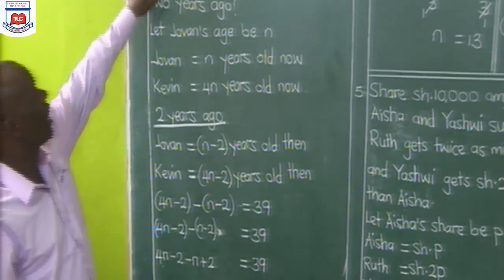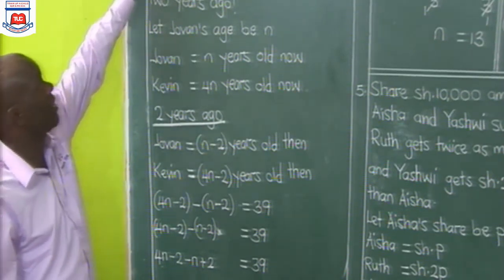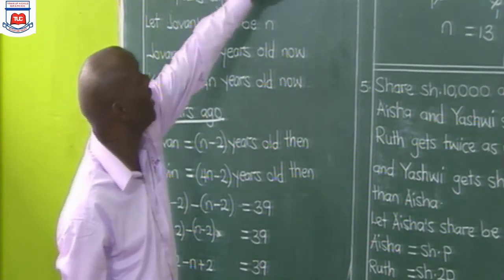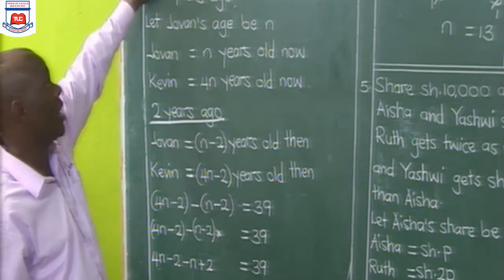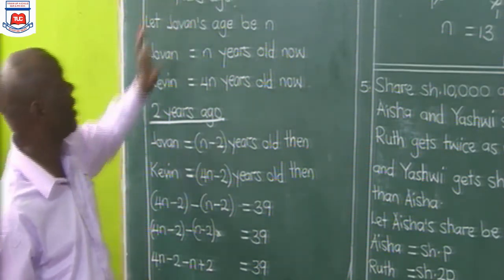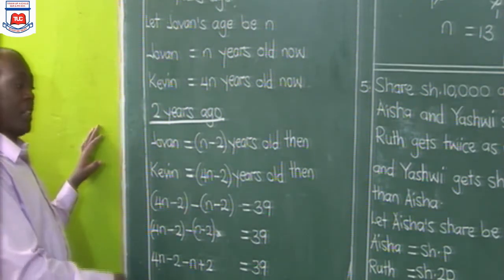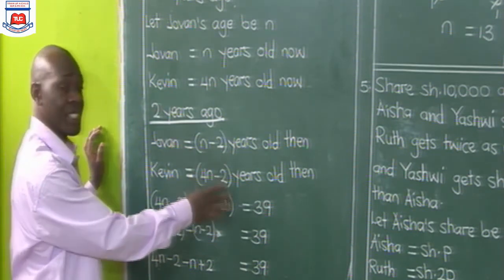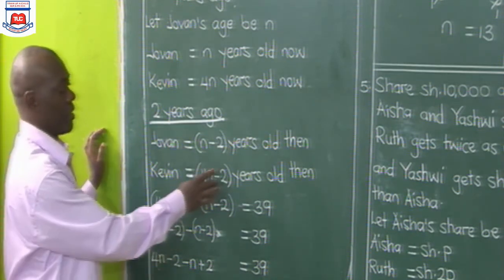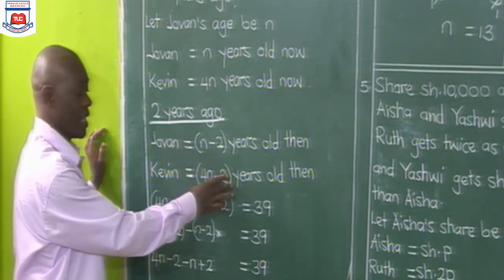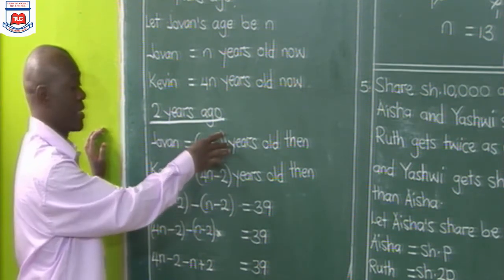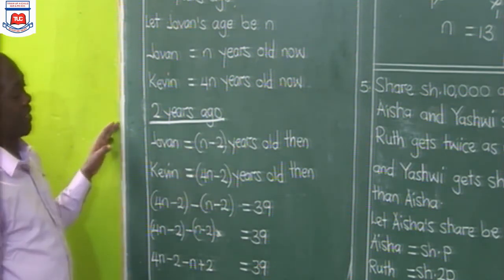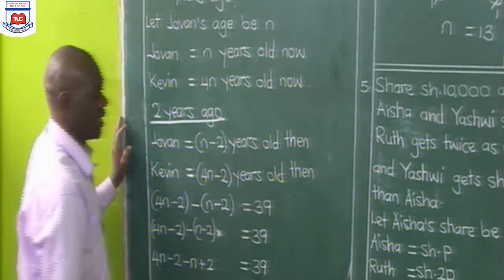And now we are applying another word, difference. The difference between their ages 2 years ago was 39 years. Meaning you are going to subtract. This formation of 2 years ago, that's for Kevin, minus that of Giovanni that time, equal to 39.